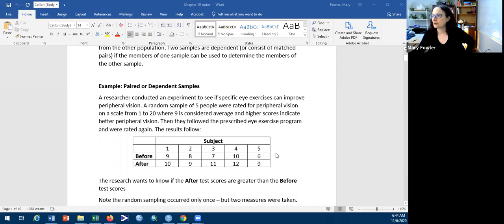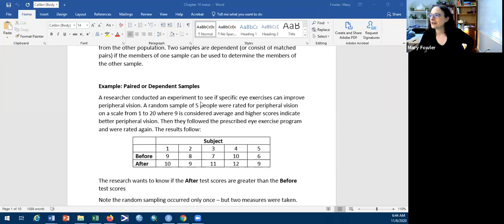Very common in paired or dependent samples would be a pre and post test situation. You would get a test, then a treatment, and then another test. It could be anything from learning fractions to peripheral vision.